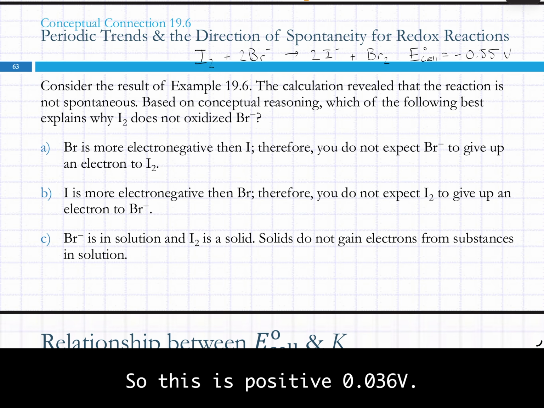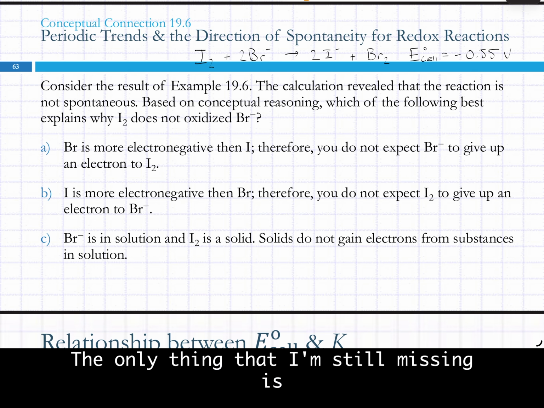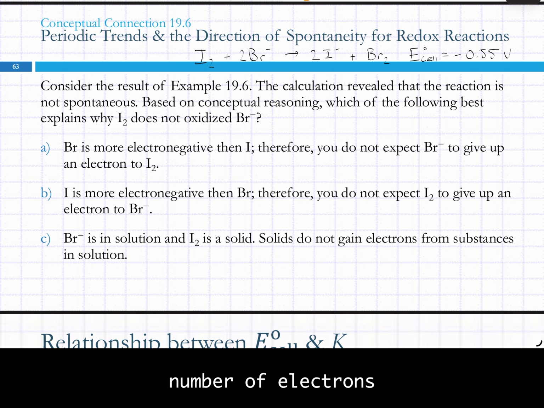So the cell potential is positive 0.036 volts. And now when I plug this in, the only thing I'm still missing is moles of electrons.